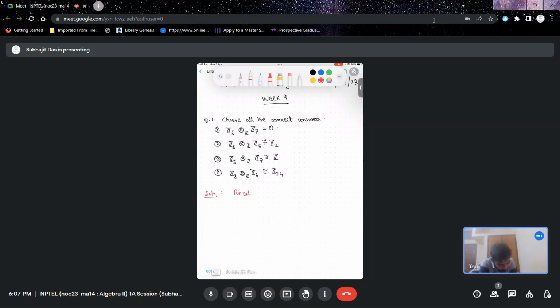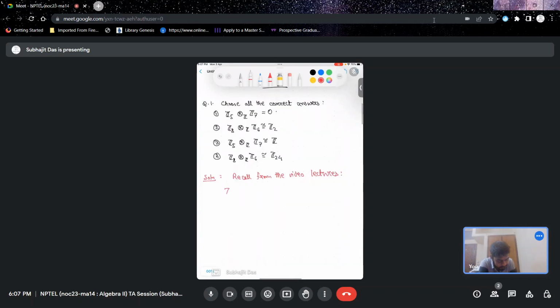We recall that Zn tensored over Z with Zm, where both Zn and Zm are Z modules, that is, abelian groups with an action of the base ring Z given by scalar multiplication, is isomorphic as a Z module to Z mod GCD of m comma n.